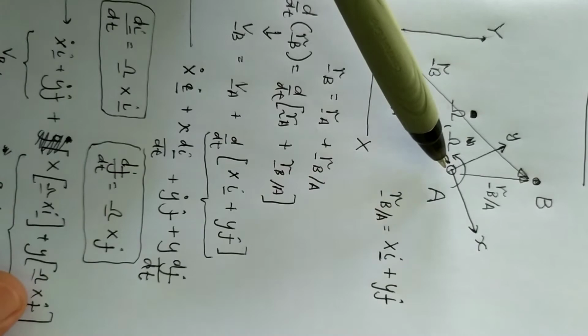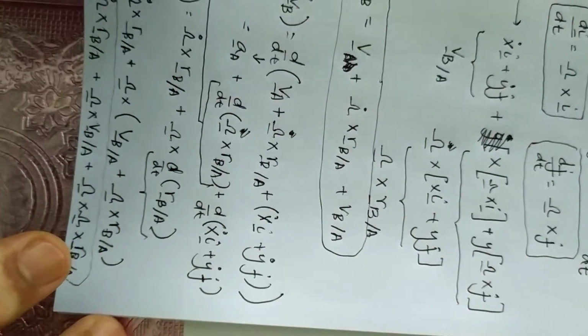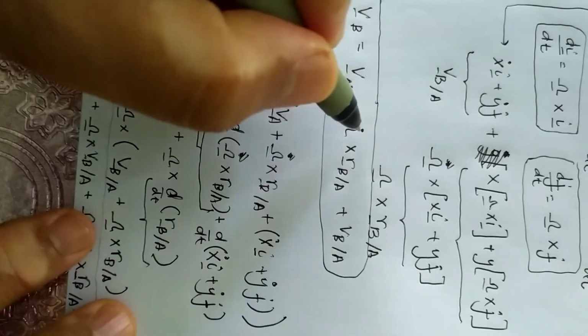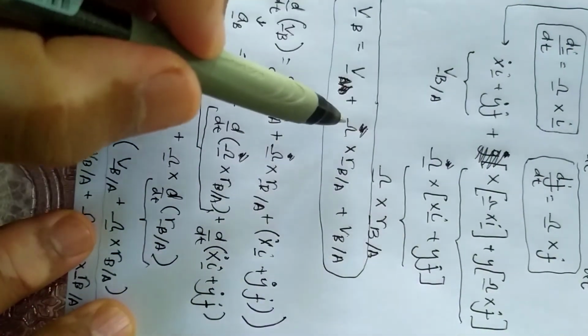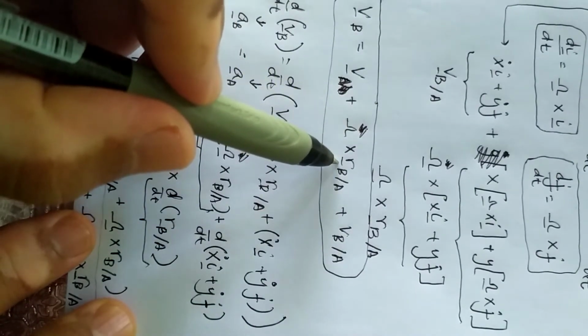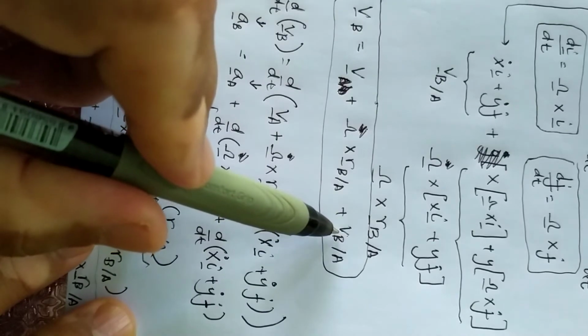A is our particle, and then we must know what is the velocity, what is omega, what is the velocity of the rotating axis, and the position vector relative to the rotating axis, and the relative velocity.